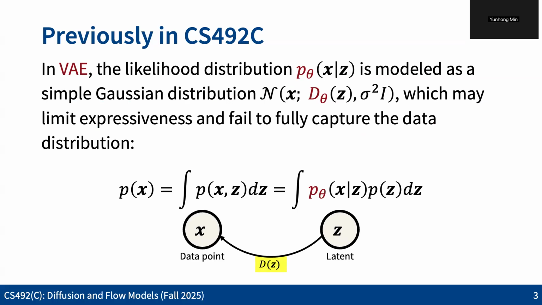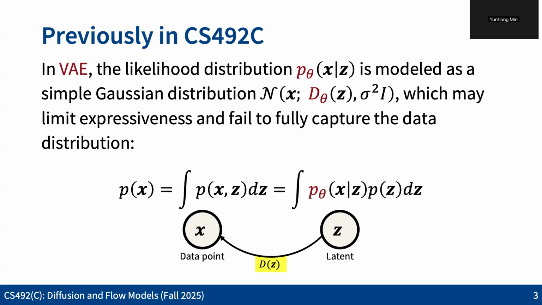And this limits the expressibility of the marginal distribution, because the marginal distribution is represented as the combination of these two, both modeled as Gaussian distributions. But the complexity of the data distribution might be too complex to be expressed with a combination of two Gaussian distributions.